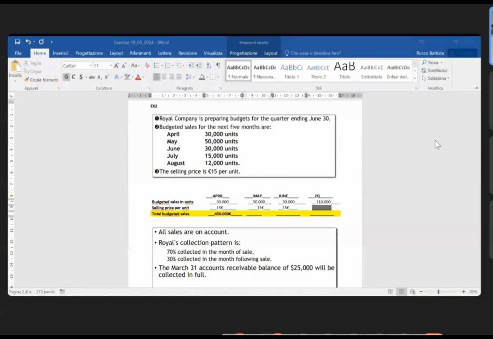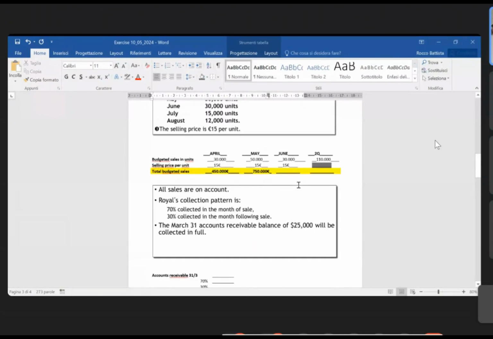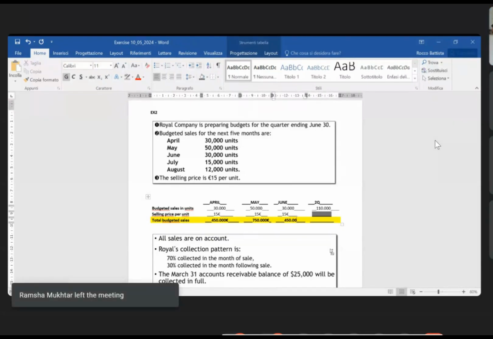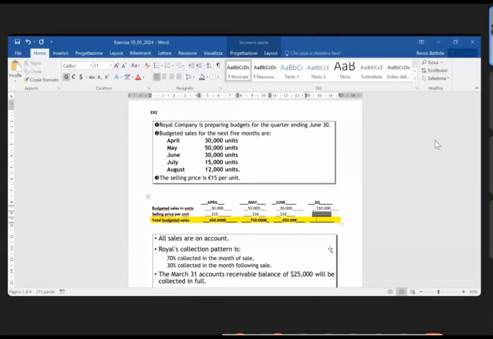Okay, same thing here: 750,000. And 1,000,000, very good, thank you. In this case, you are lucky because in April, 450,000, I don't change the average price.